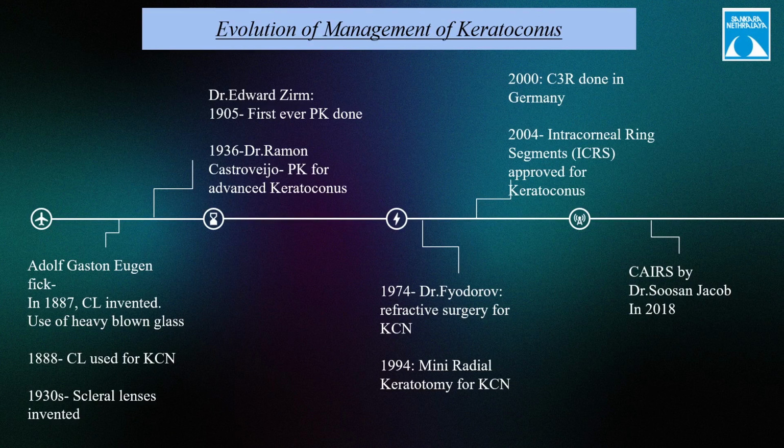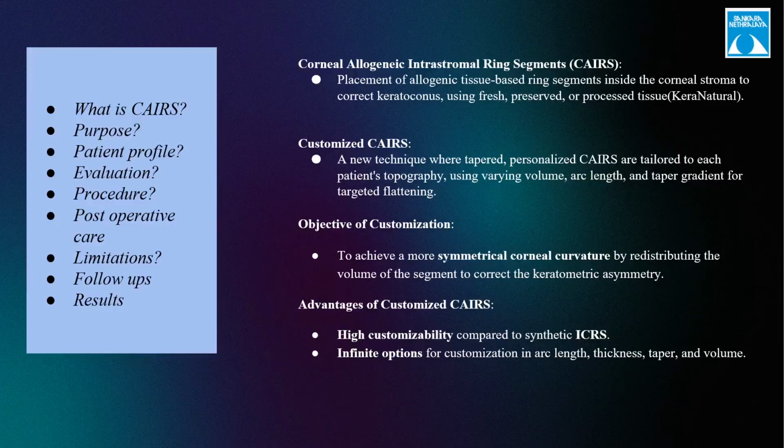About the time when the 1990s came, we thought for a short term that maybe refractive surgery could also be used as treatment. In 2000, we started using C3R for it. In 2004, the intracorneal ring segments were introduced, and CAIRS was first done in 2018.